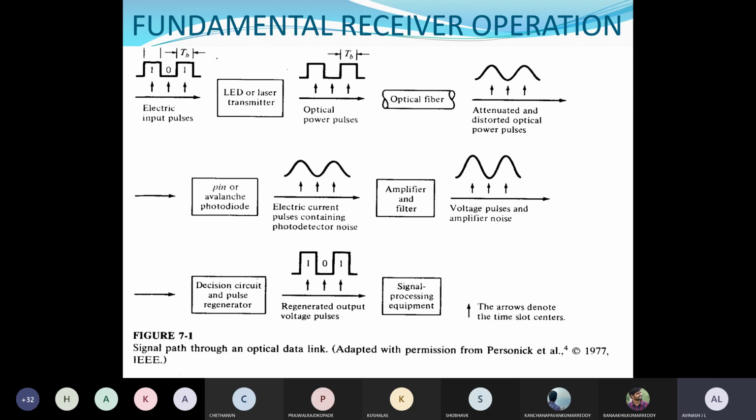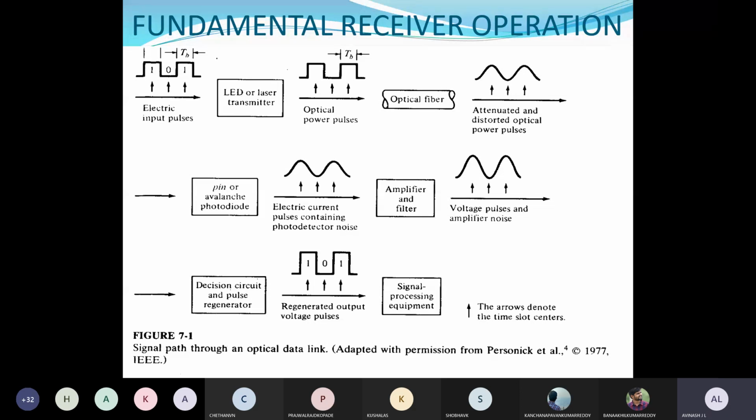Attenuation and distortion will happen in the fiber. Attenuation is a property of the fiber, a transmission characteristic of a fiber. Distortion also will happen, because of noise addition and scattering losses, which all contribute to the distortion.